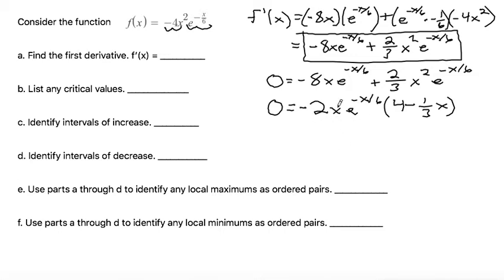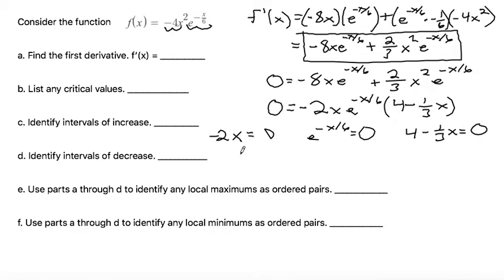Let's set the x and the e to the negative x over 6 equal to 0 separately. So we'd have negative 2x is equal to 0. We would have e to the negative x over 6 is equal to 0. And we have 4 minus 1/3 x is equal to 0.